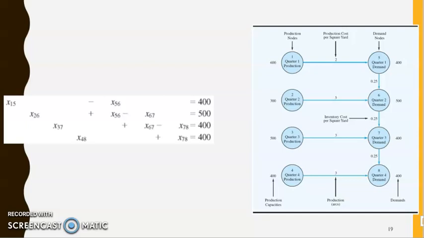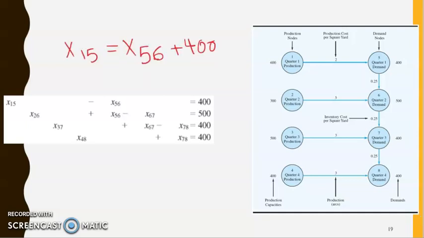And another point is the fact that it is a transshipment point, so the amount of inflow and outflow must be the same. So we have the constraint as this: x15 inflow and x56 outflow. Since one of them is inflow, the other one is outflow, so it is x15 minus x56 equal to 400.